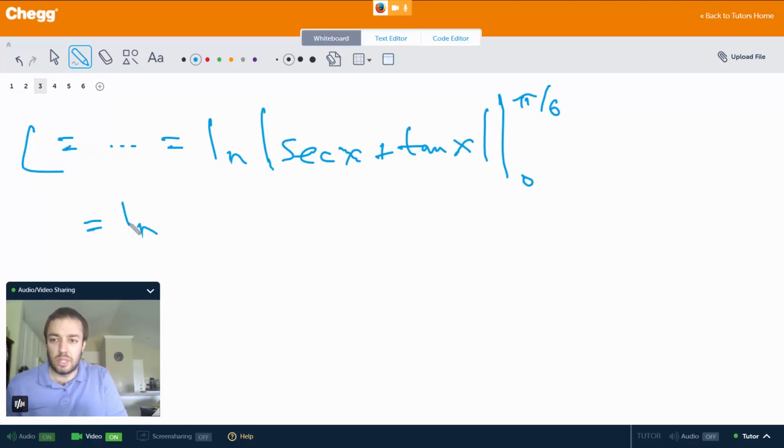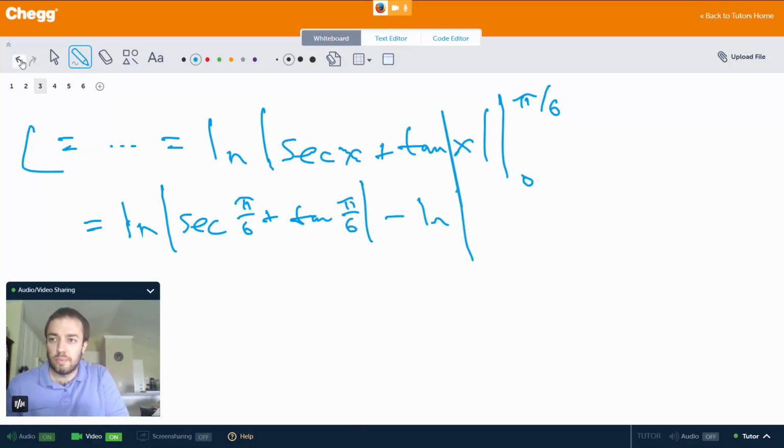That's the natural log of the absolute value of secant pi over 6 plus tangent of pi over 6, minus the natural log of the absolute value of secant of 0 plus tangent of 0. So evaluate at the top and then subtract and then evaluate at the bottom.